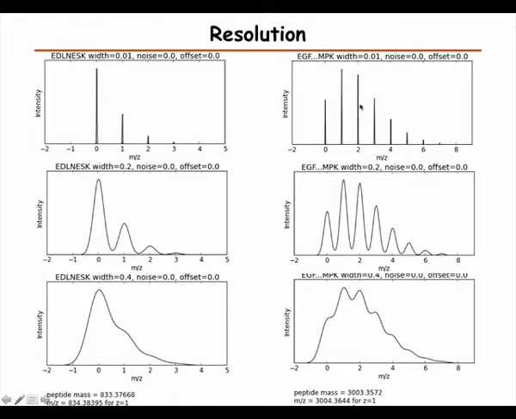And this is a higher mass where we again see that we get these shoulders. So ideally we want to be here, but that's not always possible.